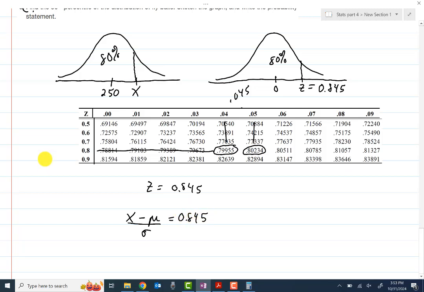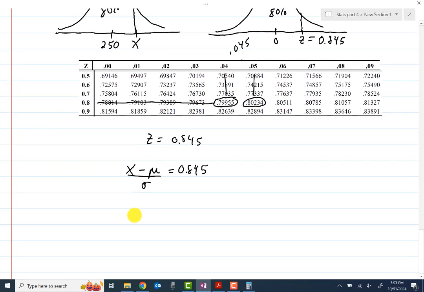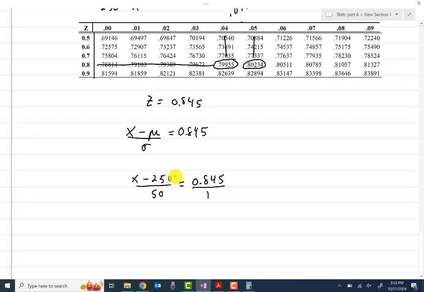Let me put in my mu and my sigma. We know those. It's at this stage that I like to slide a 1 underneath of the decimal, so it facilitates cross multiplication.